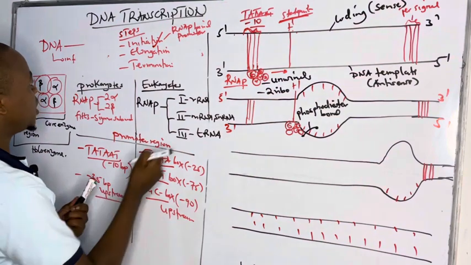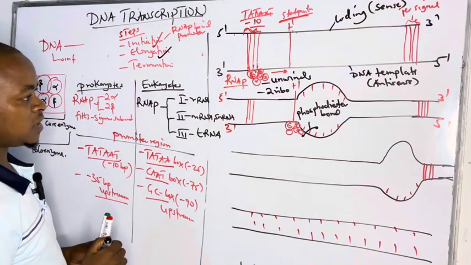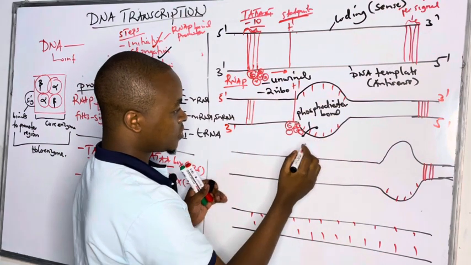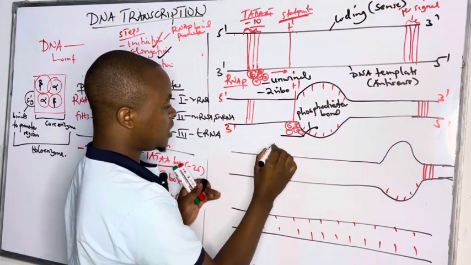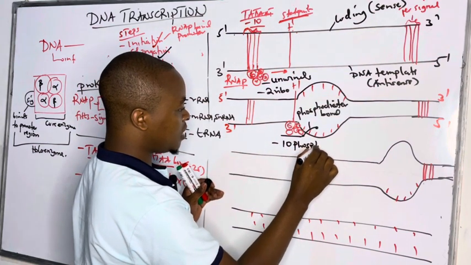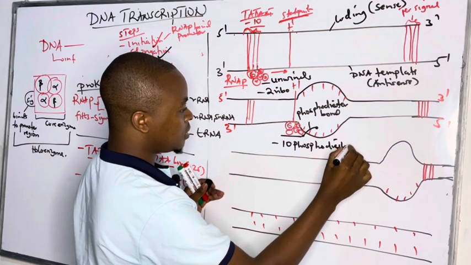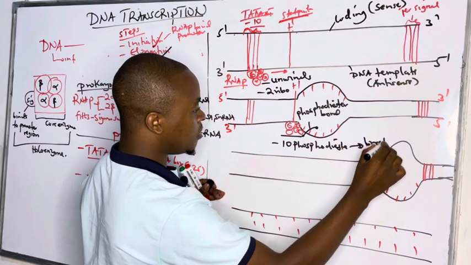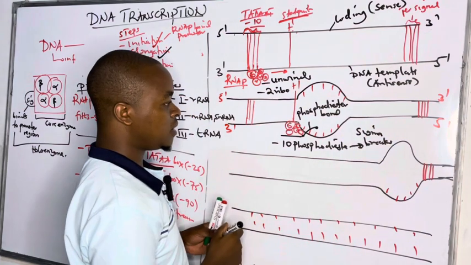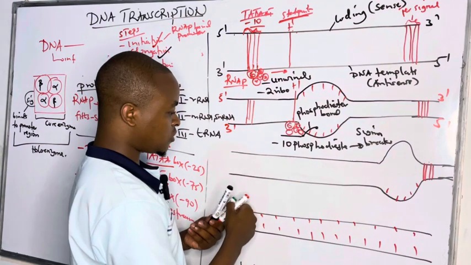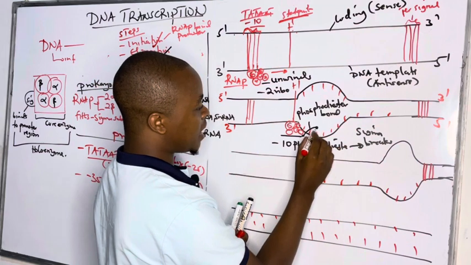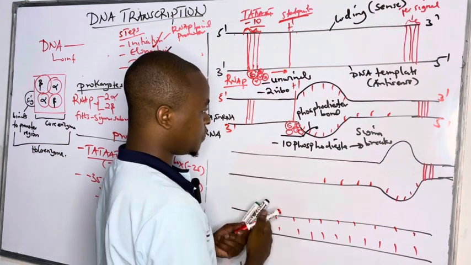Then when we go to elongation, elongation is that this RNA polymerase continues to move. So we know that when it is moving and it reaches 10 phosphodiester bonds, the sigma subunit breaks away. We see the sigma subunit breaking away, and as it is moving along these strands, it keeps adding complementary base pairs.